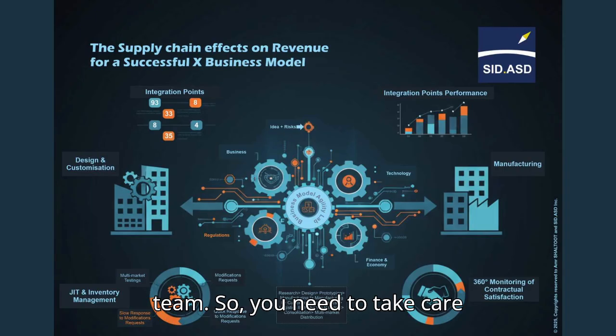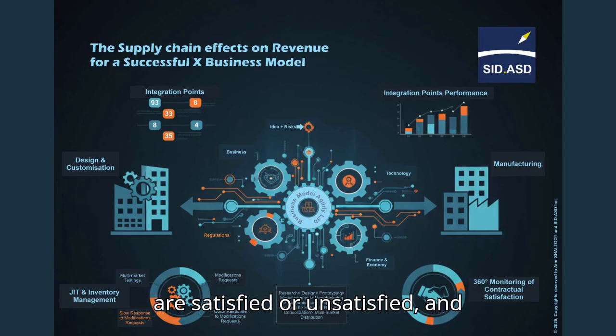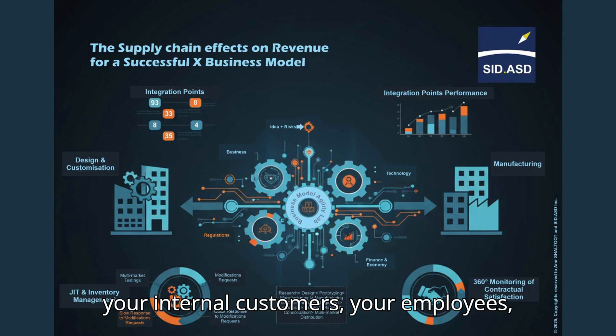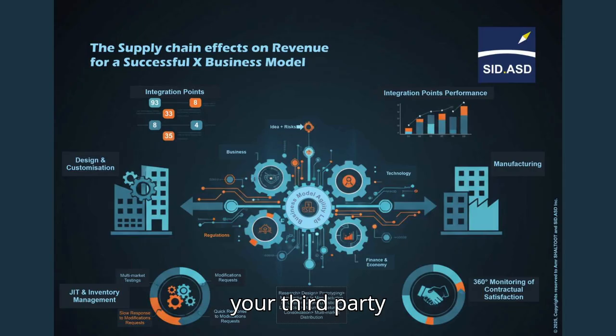So you need to take care of all of this so you can reach, at the bottom right corner of the slide, the 360 monitoring of the contractual satisfaction. So how your customers are satisfied or unsatisfied, and your internal customers, your employees, and external customers, including your third party and outsourced providers and vendors.